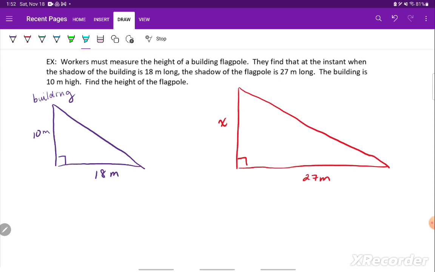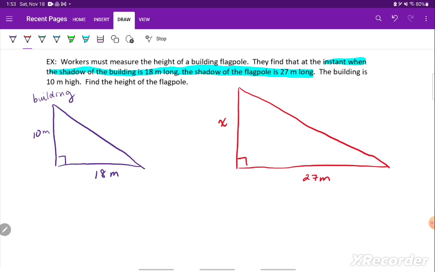Some key wording in the original problem is, they find that at the instant when the shadow of the building is 18, the shadow of the flagpole is 27. So at that instant, the sun is at the same point in the sky and has the same angled effect on both the building and the flagpole.